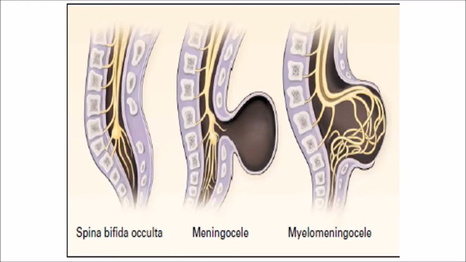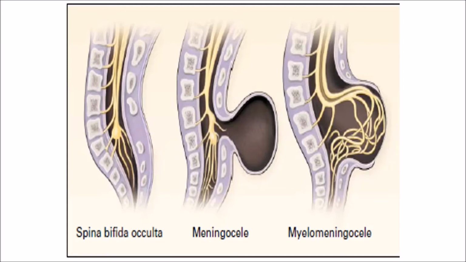In spina bifida occulta, there will be a bony defect, and generally they have a tuft of hair at this bony defect, and there will be no bulging out of any structure, and so they generally present for cosmetic reasons, or the presentation can be neural defects like lower limb weakness.